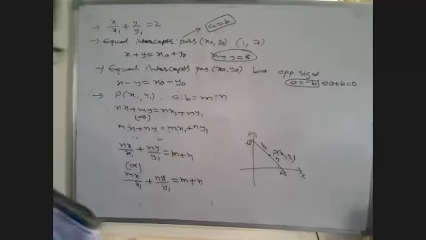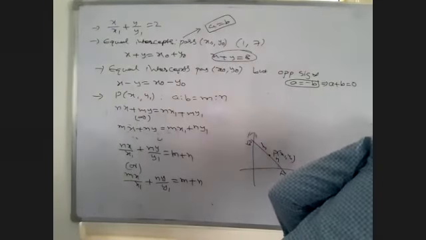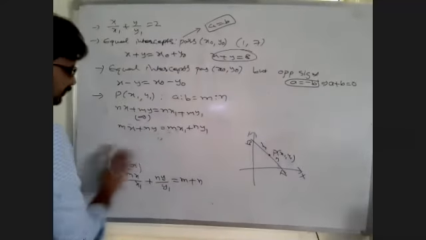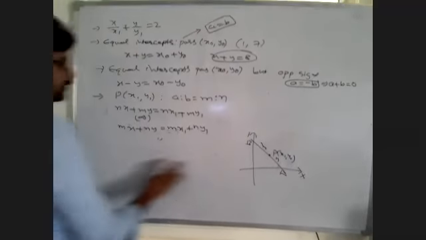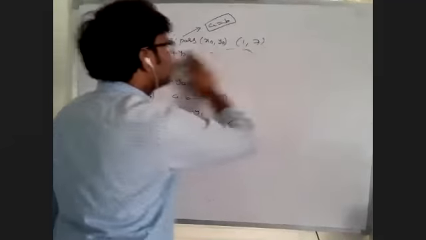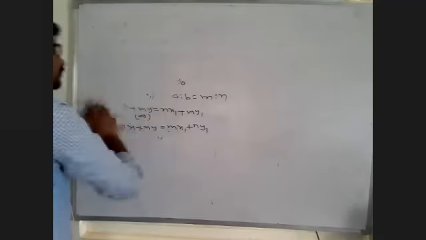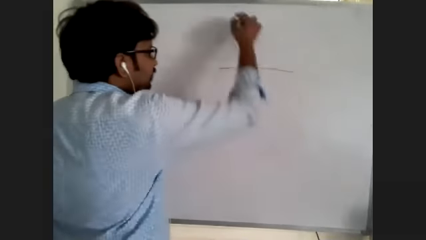Okay, next, slope intercept form. If the slope of a line is m and the y intercept is c, like this you will get the diagram.